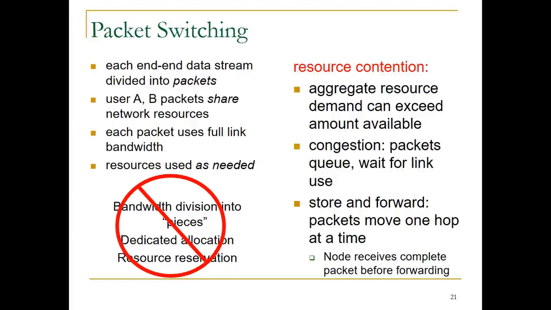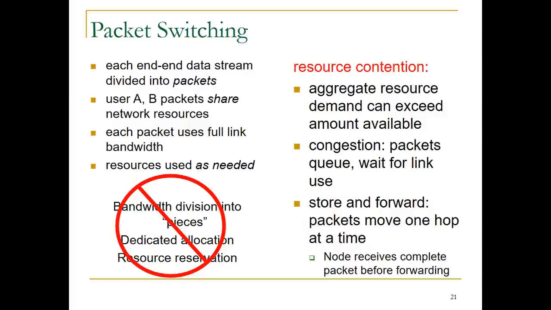Since the data streams are divided into packets, aggregation of resources is much better as compared to the sequestration of resources such as frequencies, and allocations are much more efficiently managed within packet switching.